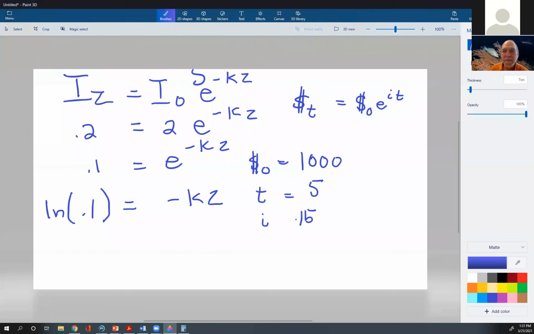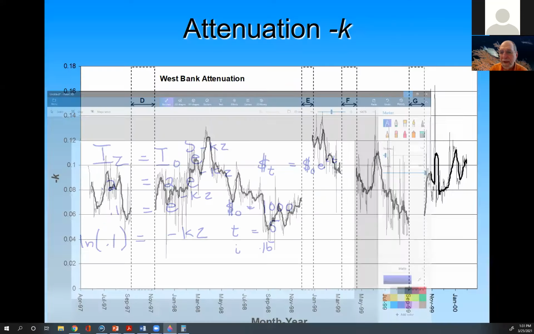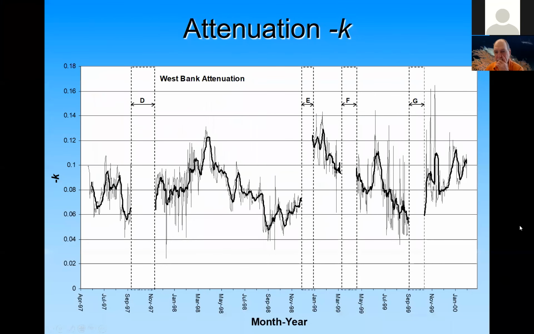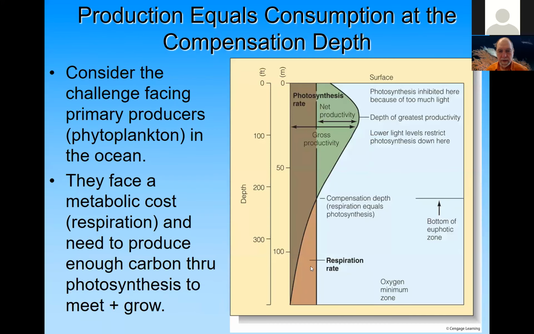Okay, so I'm going to quit out of here, and we'll go back to the lecture. So that was a question we had, and it's important, of course, for understanding the compensation depth. And so this compensation depth, where the respiration is equal to photosynthesis, could be a variable number depending on the conditions, winter versus summer, coastal water versus offshore water.